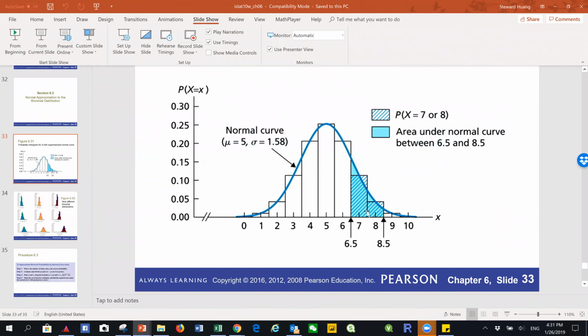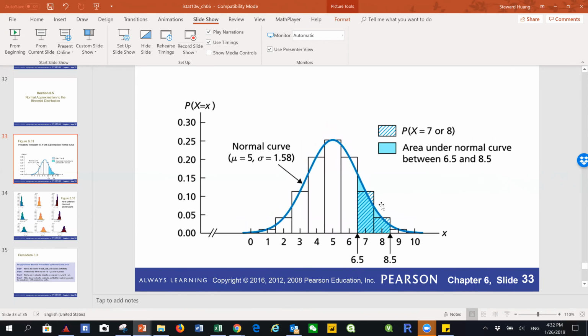If you don't add 0.5, the probability will start to count from 8 and lower, so you will miss this part. So you have to extend it, make it higher. For the upper bound, you make it higher.